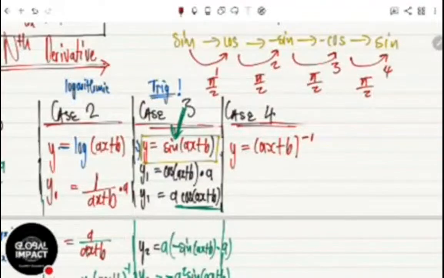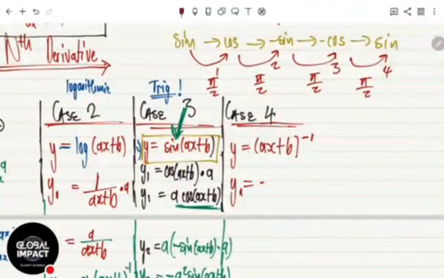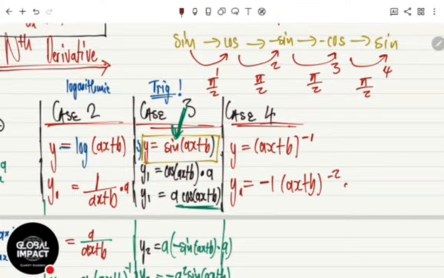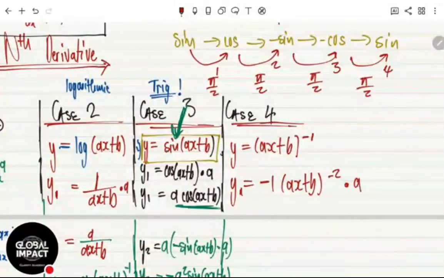It's not hard. You drop this power, reduce it by 1, then you differentiate what's on the inside. So y is equal to ax plus b to the negative 1, and y1 is negative 1, ax plus b to the negative 2. But since this is not just an x, you then multiply by the derivative of the inside. Derivative of ax is a. So you can say that your y1 is equal to negative a multiplying (ax plus b) to the negative 2.